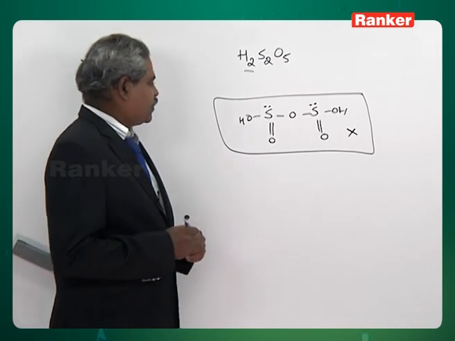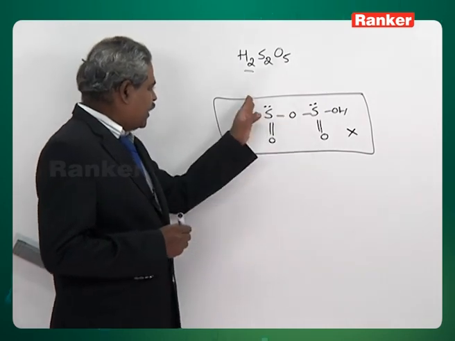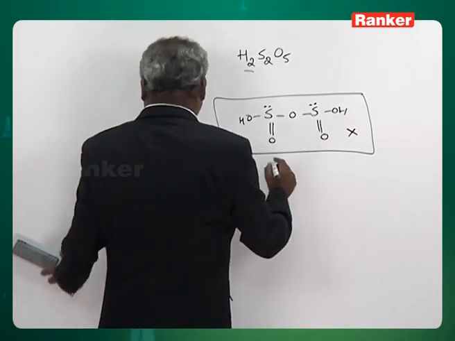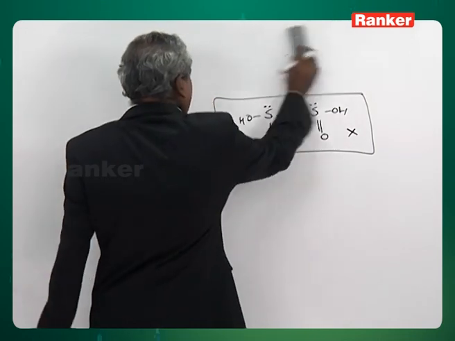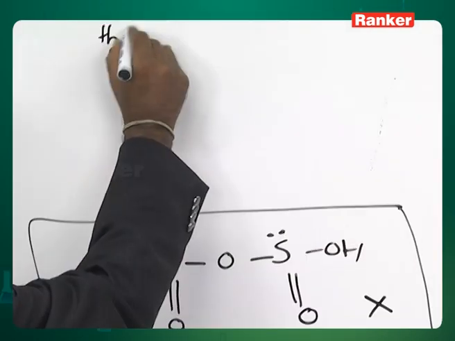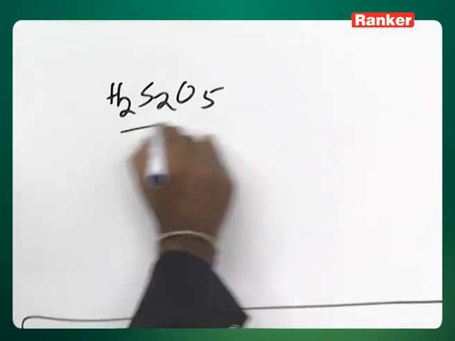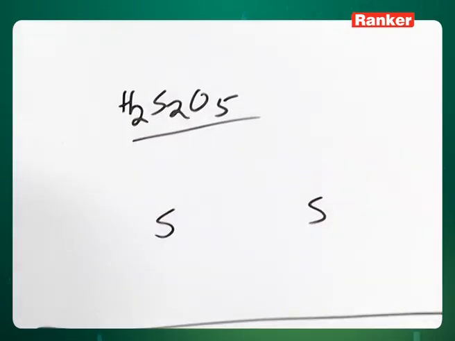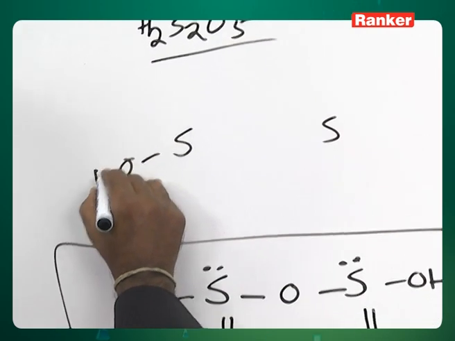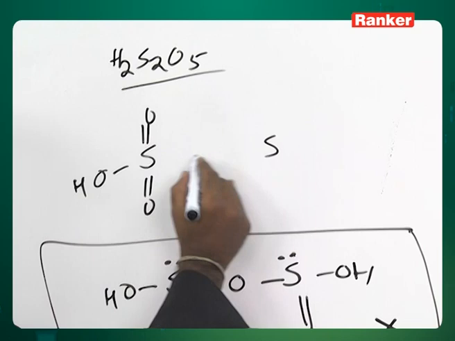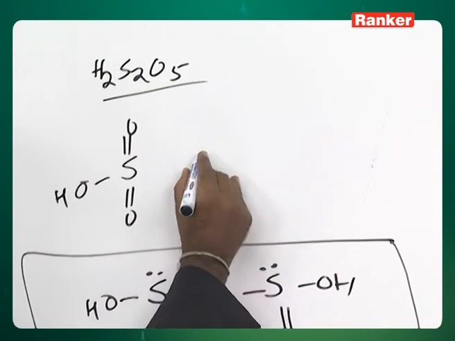Therefore, what we shall do is, you just readjust the oxygen in such a way that, look here, H2S2O5 is what we are discussing. 2 sulfurs, OH, double bond O. Let this oxygen also form a bond.